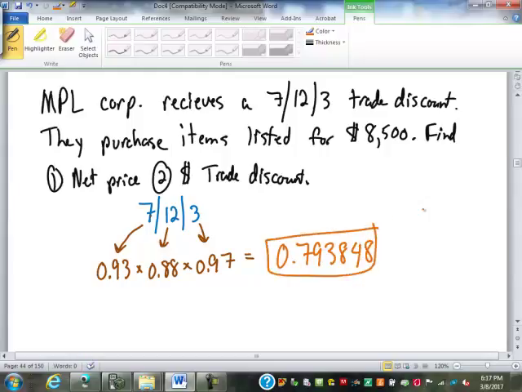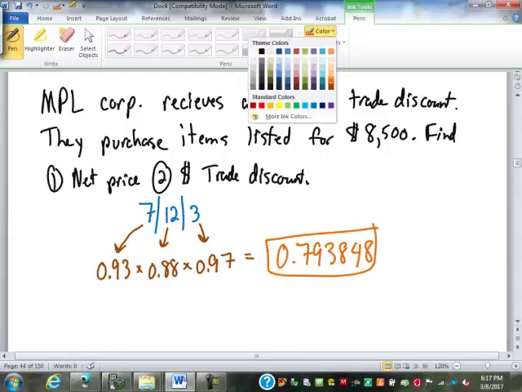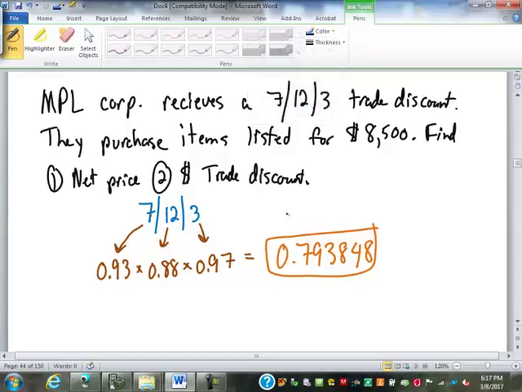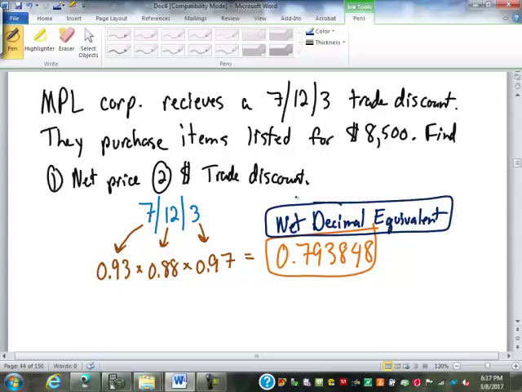What's that called? What's that amount called? Yes, NDE is fine, net decimal equivalent. And that's used to find what?